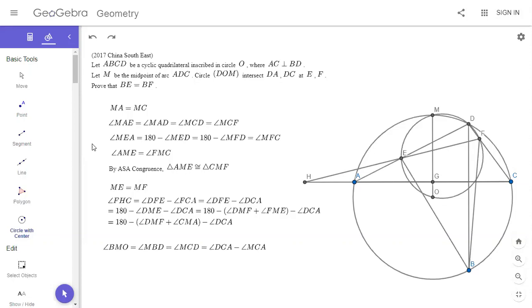So yeah, we want to show BM is perpendicular to EF, which is the same as saying BMF plus MFE is 90.